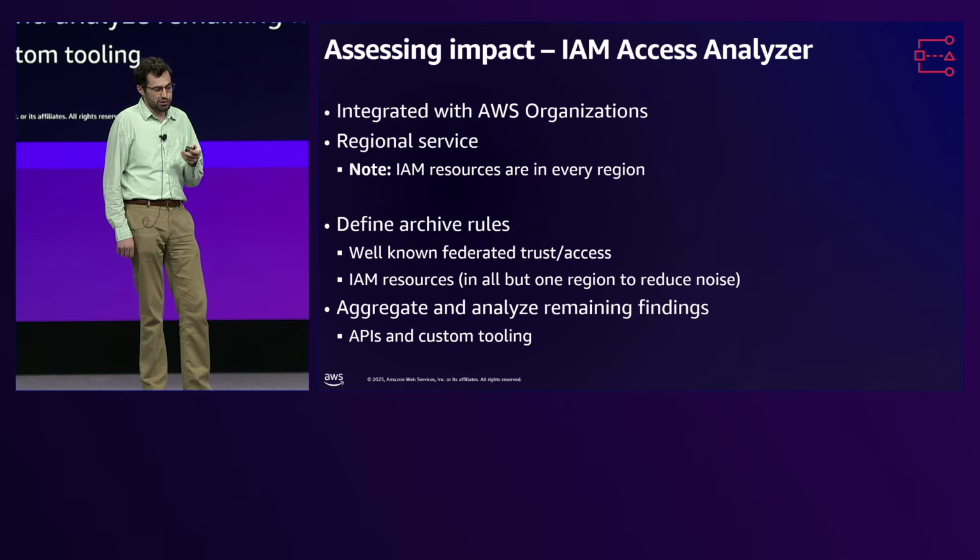So what that allows you to do is really understand, okay, who currently has access to resources outside of my account? And to clean up that data, you can use another capability of Access Analyzer called archive rules. This allows you to define well-known exceptions, or exclusions, I should say, for well-known federated trusts, things like your single sign-on providers, third-party SaaS products you might deploy pervasively in your organization.